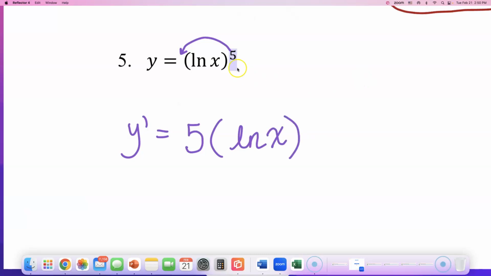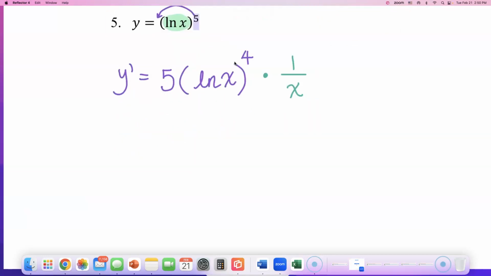What's the new exponent now? 4, okay? But don't forget to multiply this by the derivative of the inside part. What is the derivative of natural log of x? 1 over x.